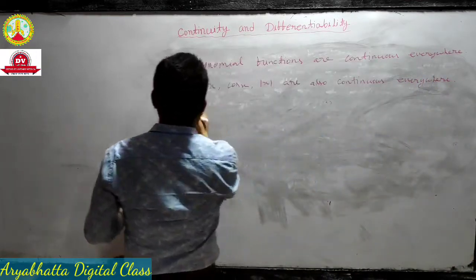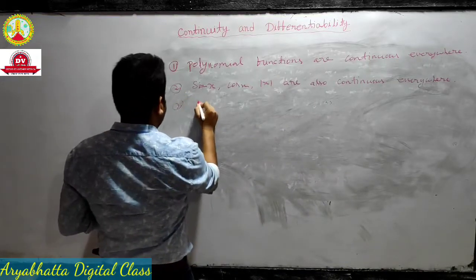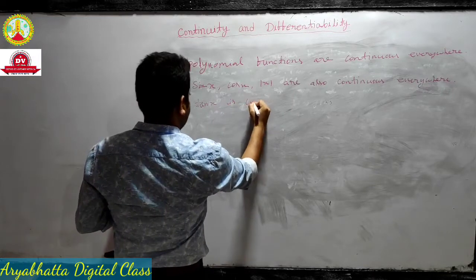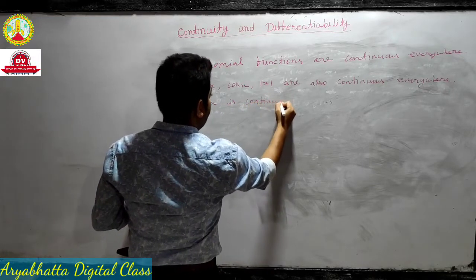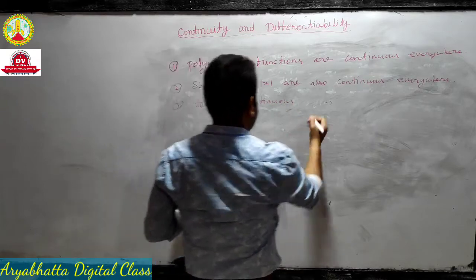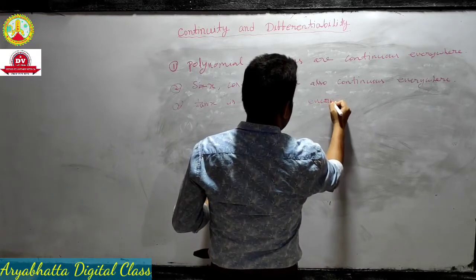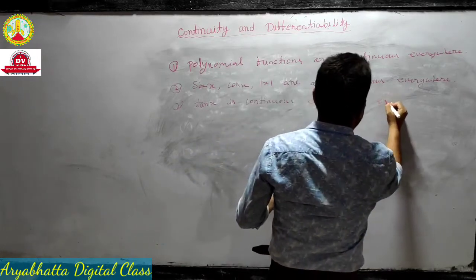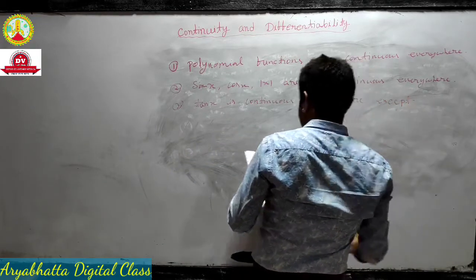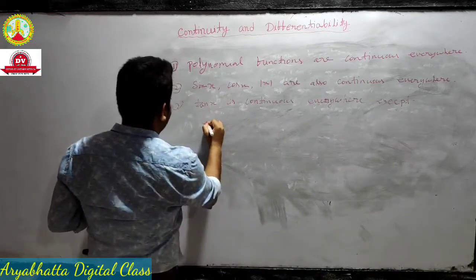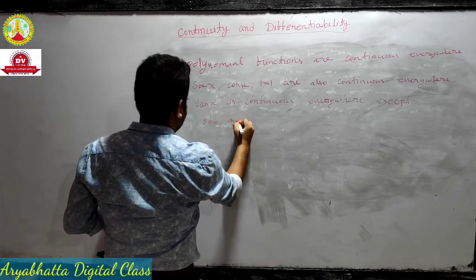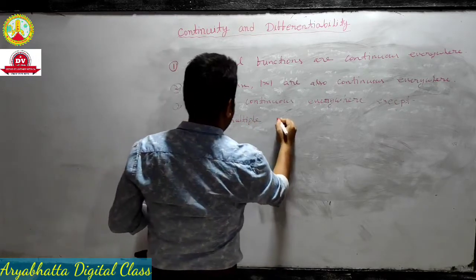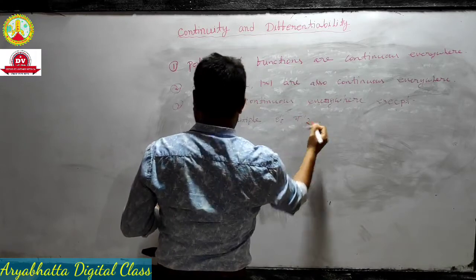Number 3, tan x is continuous everywhere except at odd multiples of pi by 2.